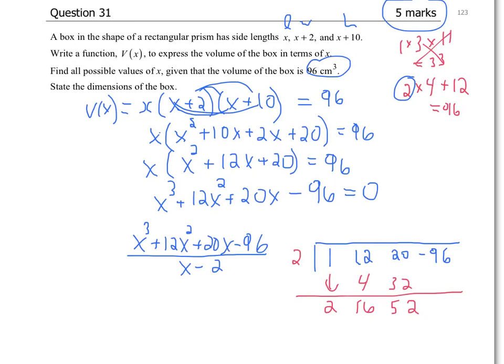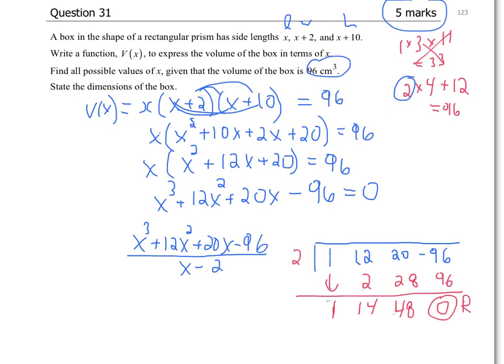One second. Let's erase this and try this again. I should bring down the 1. I wasn't getting the remainder of 0 that I expected. So 2 times 1 is 2. 14. 28. 48. Much better. And this is a positive 96. So I get a 0. This 0 is my remainder.